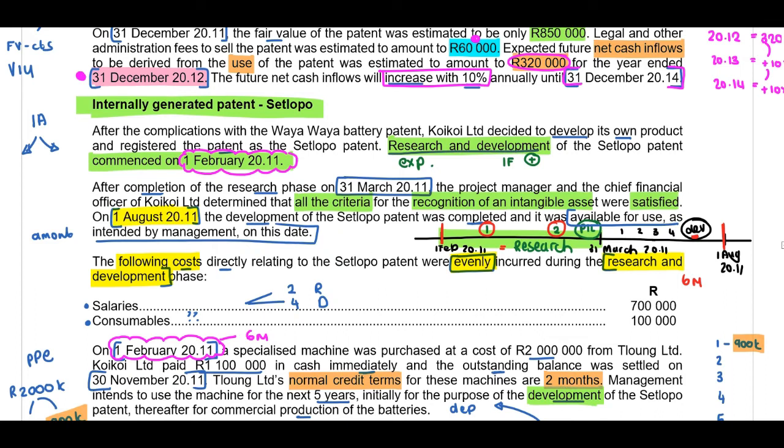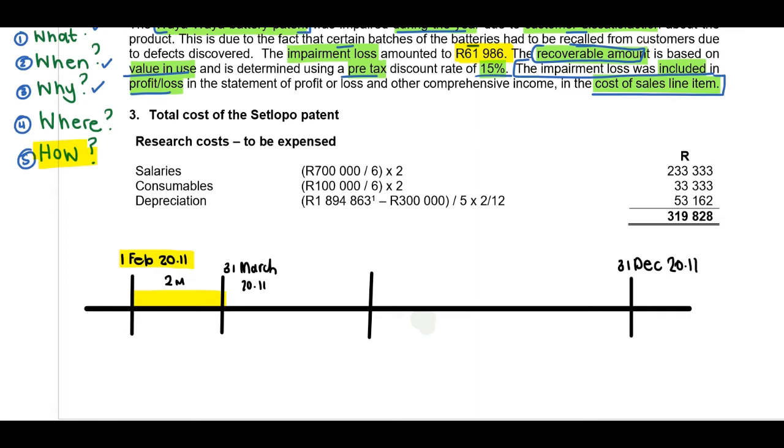Therefore, on my timeline, 1 August 2011. Therefore, I'm looking at April, May, June, July, a 4-month period. And we need to then determine the amortization for this period of our asset.